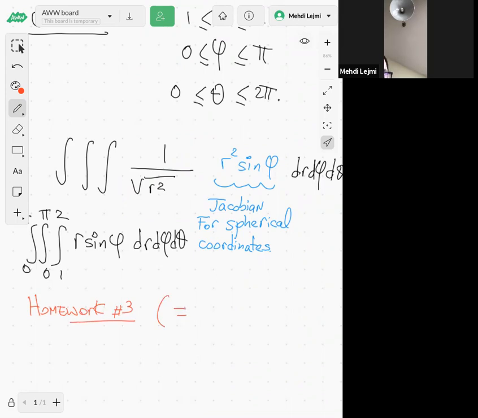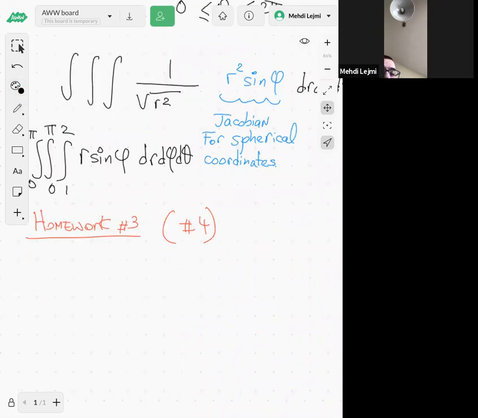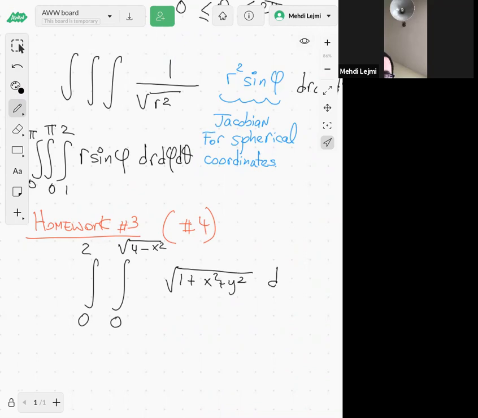Problem 4. Right. Let's see. So we have the integral from 0 to 2, from 0 to square root of 4 minus x squared, of the square root of 1 plus x squared plus y squared dy dx.